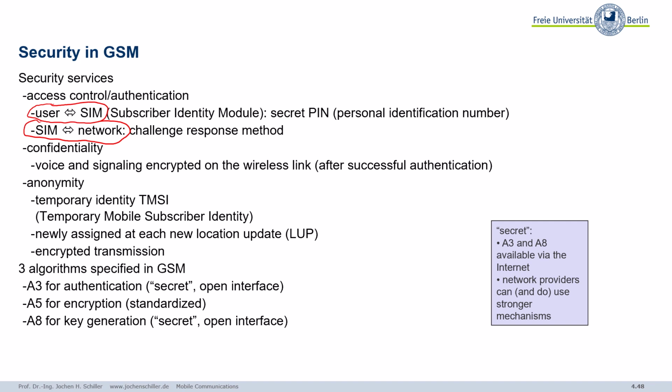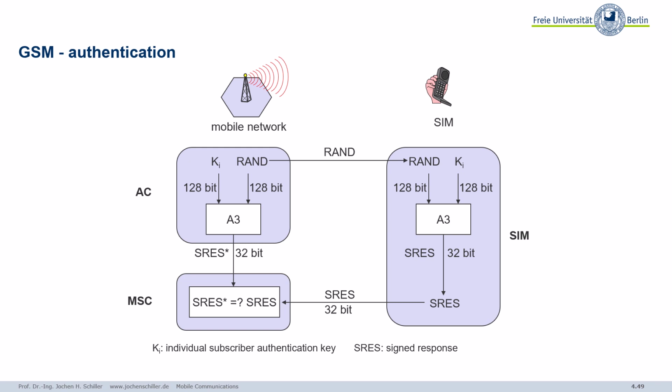How does it work? Well, authentication. That's needed when you initially, for example, access the network. So you need two parties. One is the authentication center, which is usually located somewhere on the premises of the network operator. Look back at the architecture picture, there you will find the authentication center. And you need your SIM, not the mobile station.